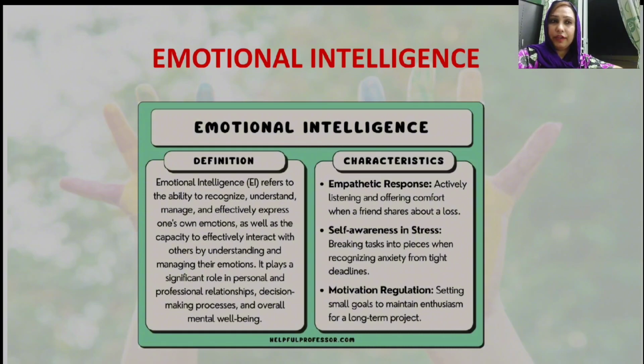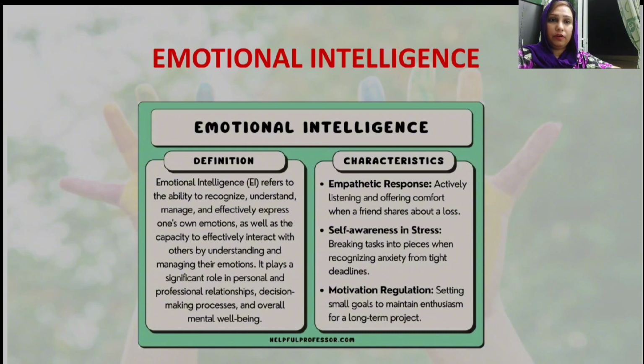So what is self-awareness? Being aware of your own emotions. Number 2, self-management. Being able to manage your emotions. Number 3, social awareness. So awareness of others' emotions. And relationship management. The capacity to navigate the emotional dimensions of interpersonal relationships.